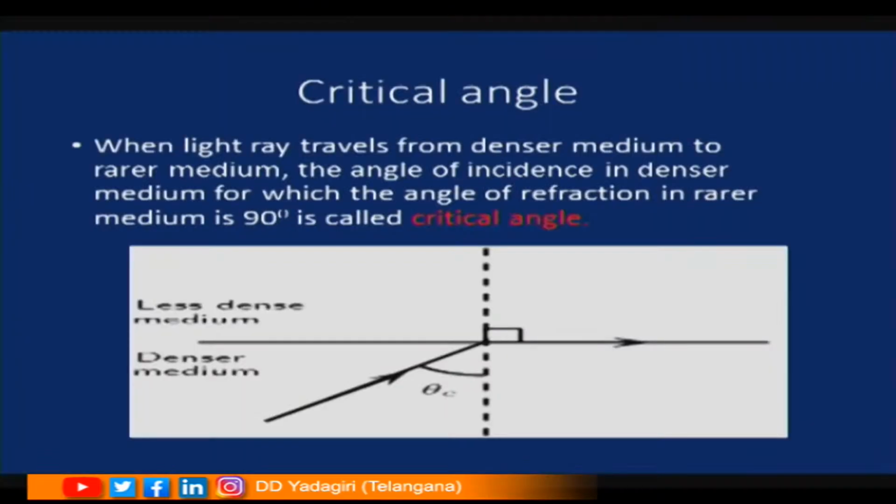See here, this is the image related to the critical angle, light moving from denser to rarer medium. Again, theta c is the critical angle, and the angle of refraction is shown here as the perpendicular, that is 90 degrees.